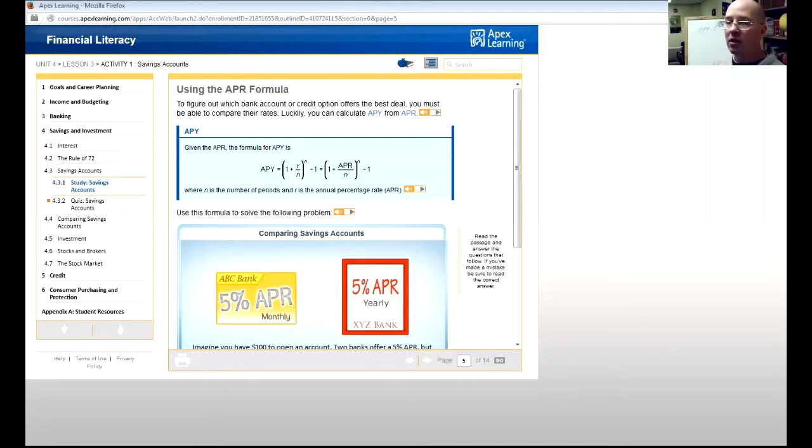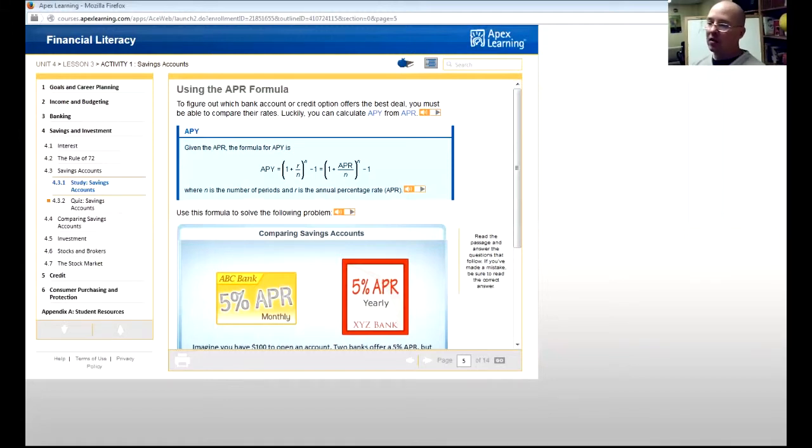You do not have to calculate the APY formula if it compounds one time a year, because just think of it this way: anytime you multiply something by 1, it's going to be that number. So in this case, you have 5% APR. It only compounds one time a year, so 5 times 1 is 5. So your APR and APY are going to be the same, and that will be on your quiz. I promise you that, okay?